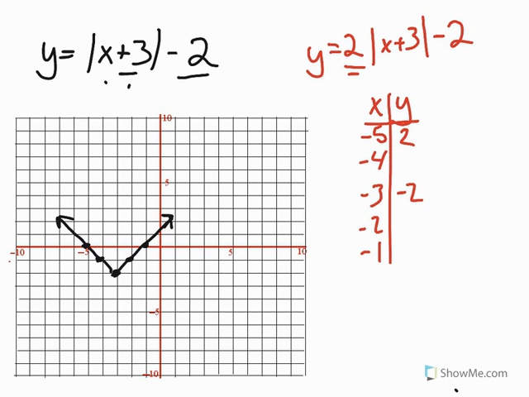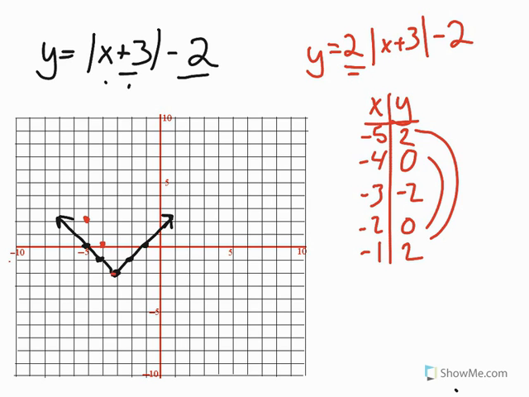And then if I do -4, it's -4 plus 3, gives me -1. The absolute value of -1 gives me 1. 1 times 2 is 2, minus 2 is 0. Then again, I can flip these points so that I end up having a symmetric shape. Alright, so now if I plot these, -5, +2 is right there. -4, 0 is right there.